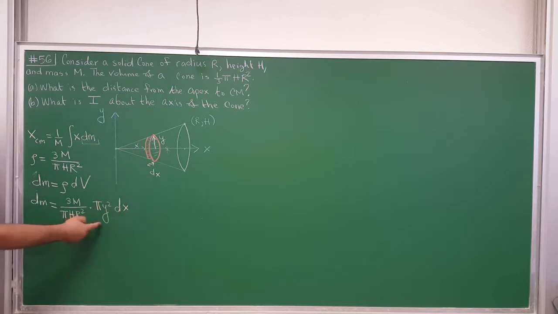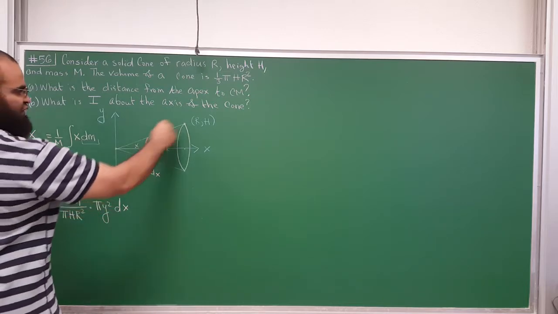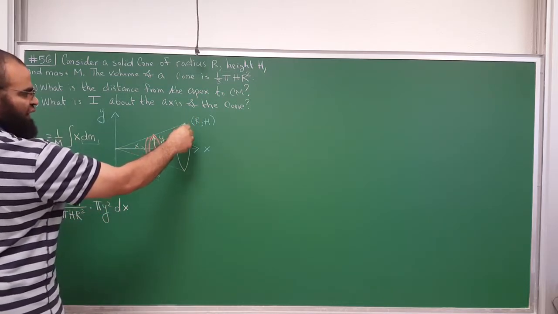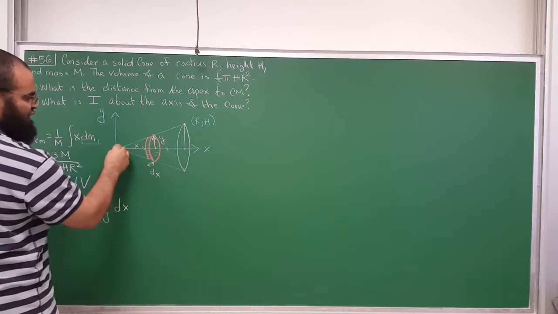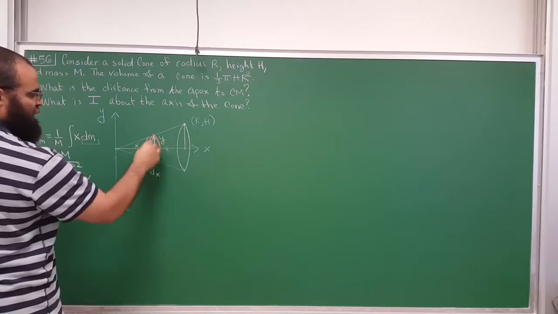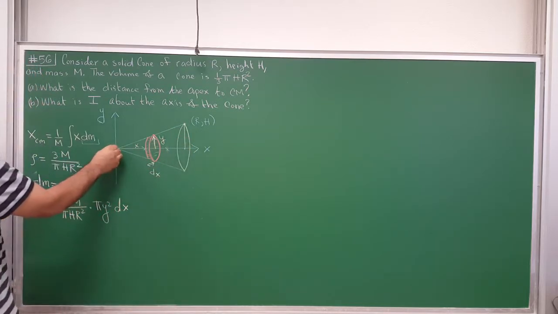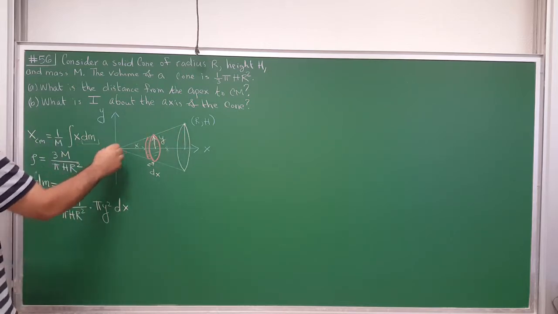But I have two variables, the y and the x, but they're related to each other. How is y related to x? Well, this is just a line. This is the radius of the cone, and this is the height of the cone. The y-intercept is 0 because the line crosses the origin.